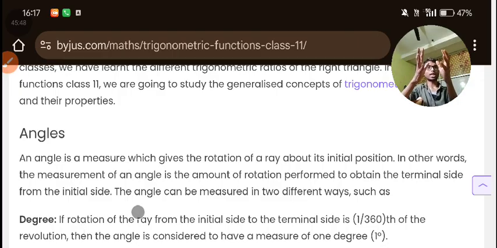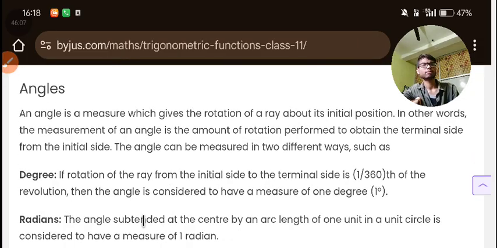So we will see what amount of rotation. This is what we will consider from this angle. The angle can be measured in two different ways. Let's see those different ways, such as degrees.